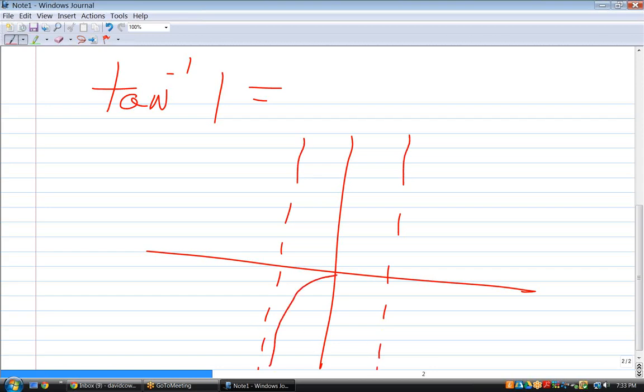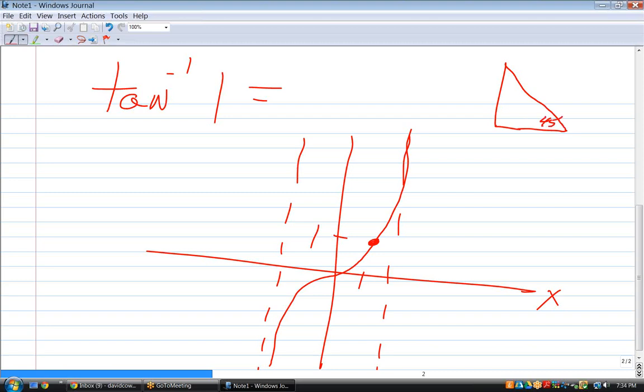The question is which angle is it where tangent equals 1? In other words, what is that angle on the x-axis? That'd be 90 degrees. Now let's look at our 45-45 triangle.